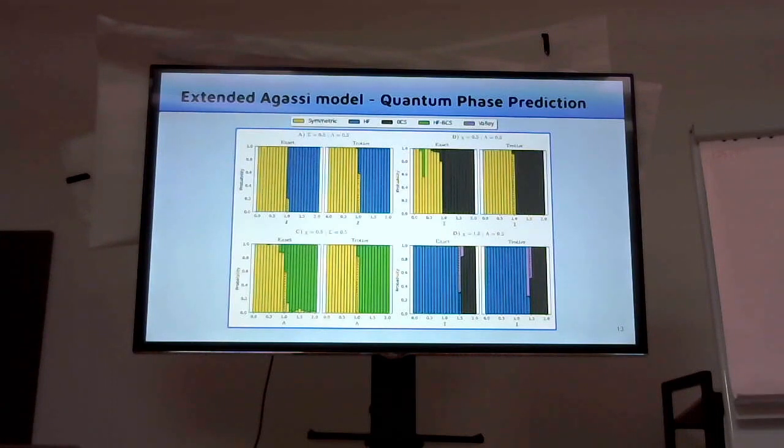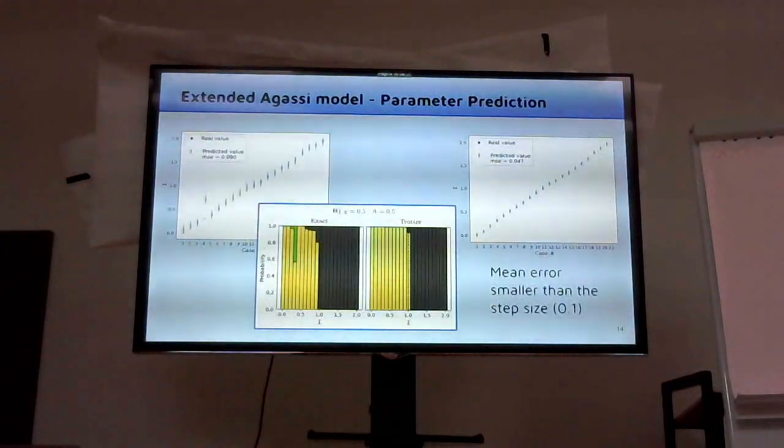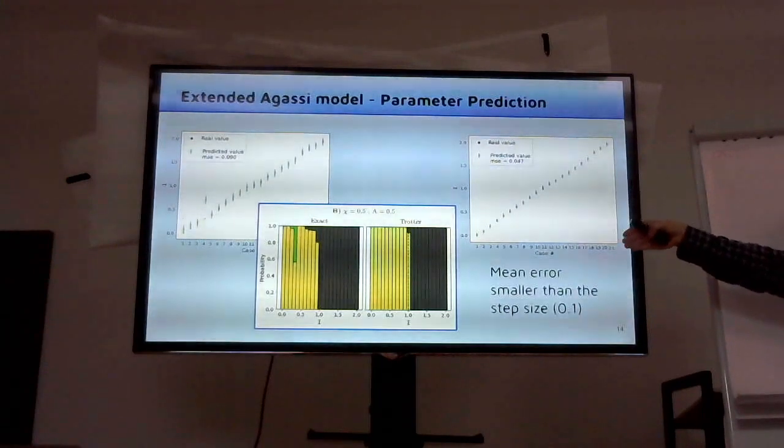In this case, we try not only to predict the phase, but also the parameters. Given a certain correlation function, if you can extract the parameters, they automatically give you the knowledge of which quantum phase corresponds to those specific parameters. So I did that as well, and you can see that it predicts them pretty correctly.